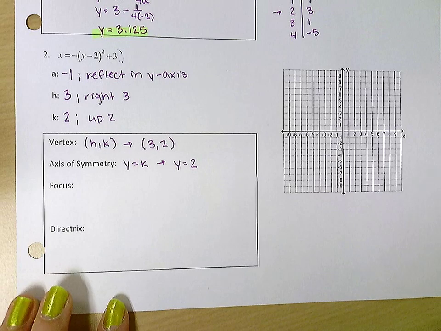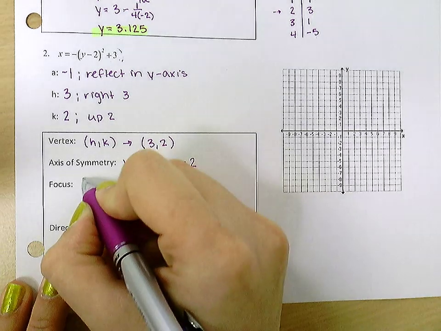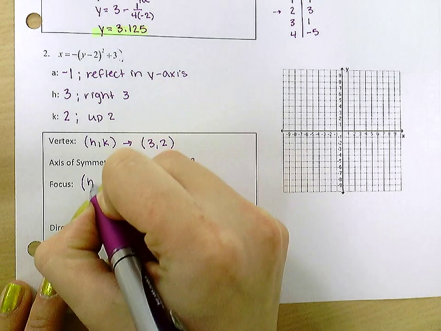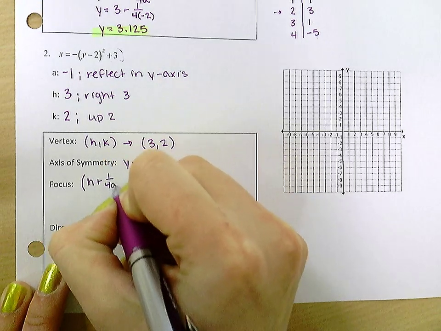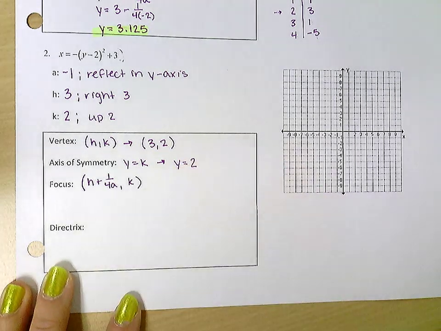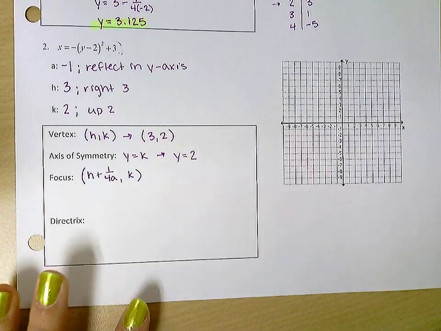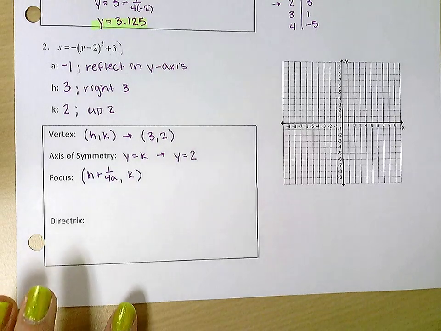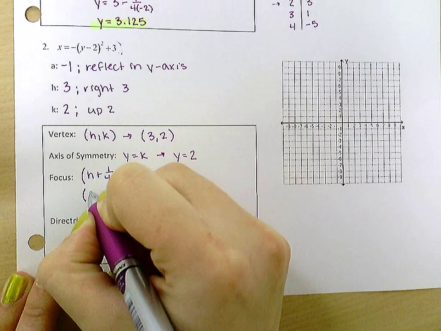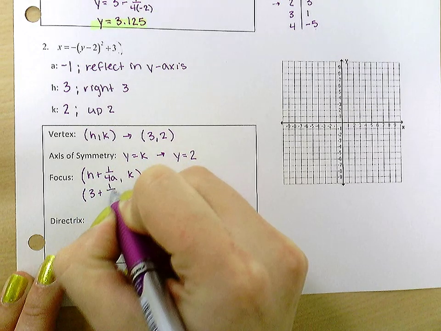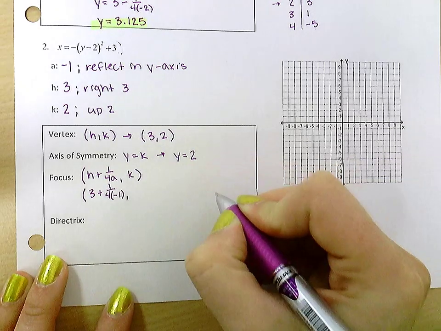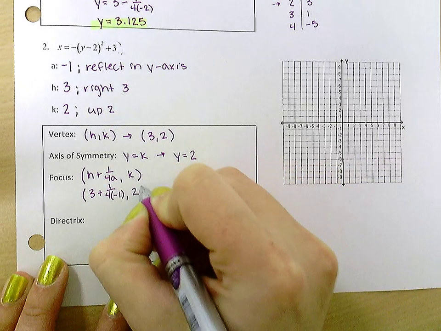Then we have our focus. Our equation for the focus here is (h plus 1 over 4a, k), and we can just plug those values in. h is 3, plus 1 over 4 times our a value, negative 1, and then our k value is 2.